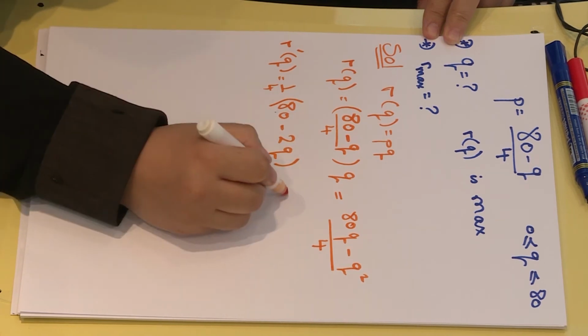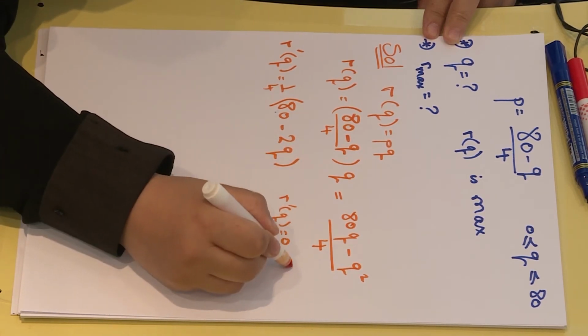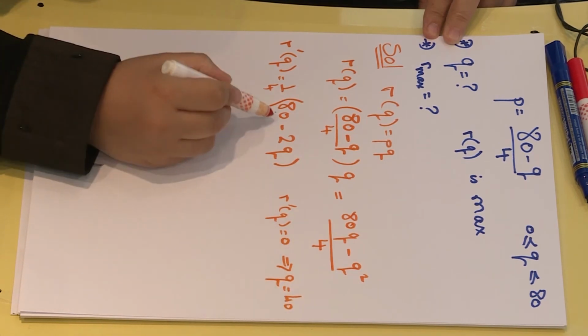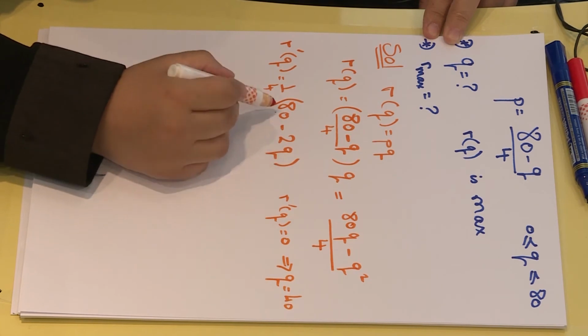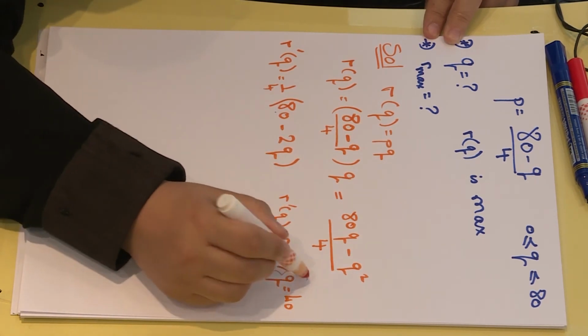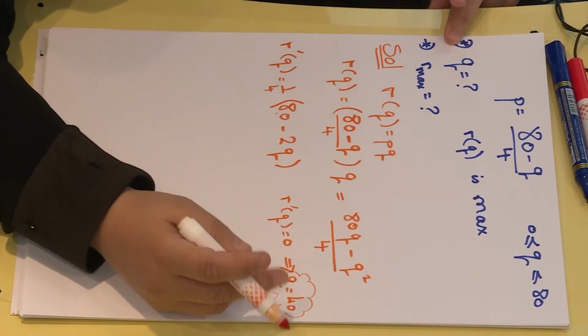So putting R prime of Q equal to 0 implies that Q equals 40. In fact, if you take this, put it equal to 0, you will have 80 equals 2Q, so Q is equal to 40.